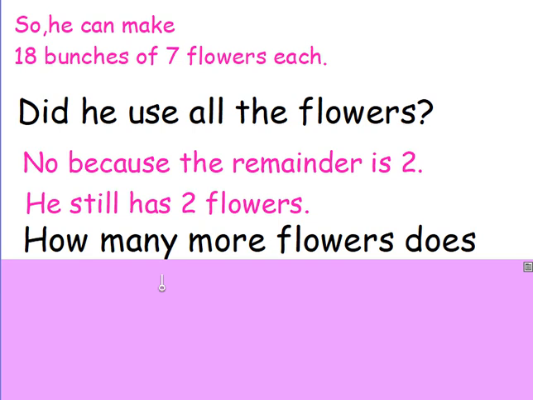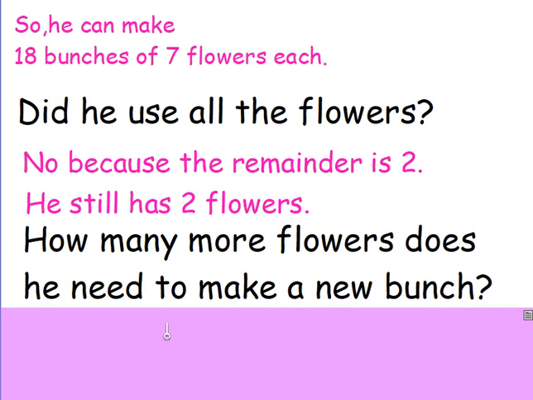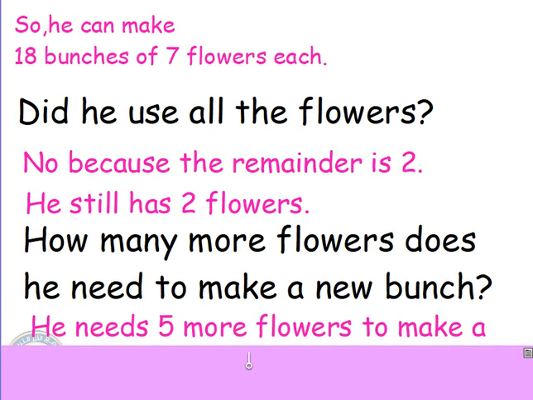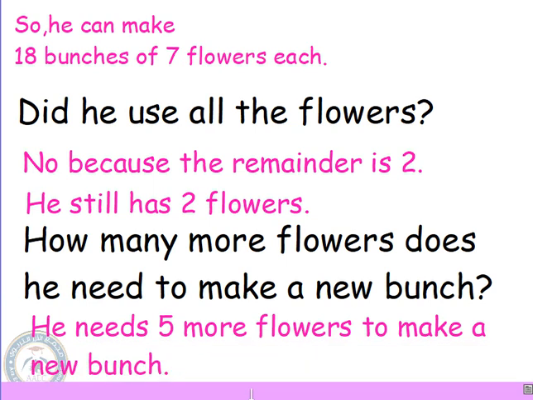How many more flowers does he need to make a new bunch? We know that we have 7 flowers in each bunch. 2 flowers are left. So how many more flowers does he need? We will say 2 plus what is 7? 2 plus 5, yes. So he needs 5 more flowers to make a new bunch.